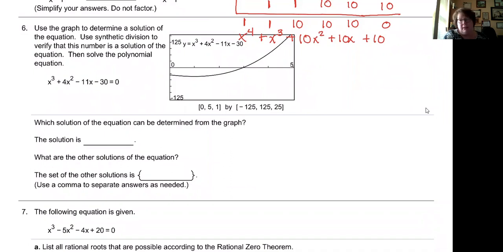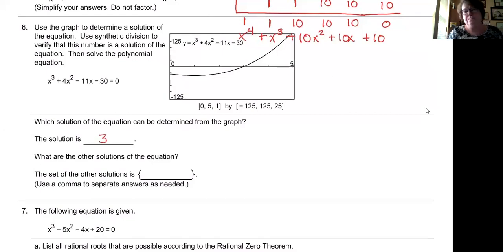And you can do this for any polynomial that has a real zero that's an integer or a rational number. You can take your calculator out and graph it and determine what the first zero is. And in this case, looking at our graph, it appears that that's 3. So the first zero of my polynomial function is 3. So the first solution is the number 3.